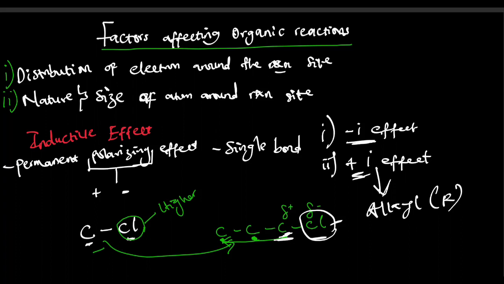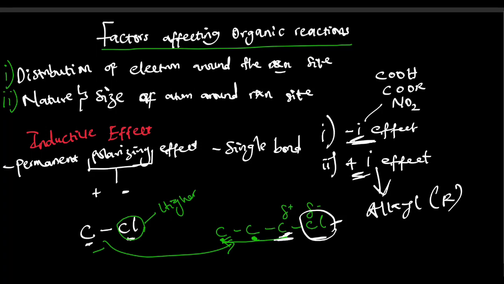Now, it's important you know some examples of atoms or groups of atoms that cause negative effects. The first one is COOH, which is the carboxylic group. The second one is COOR, which is the functional group ester.